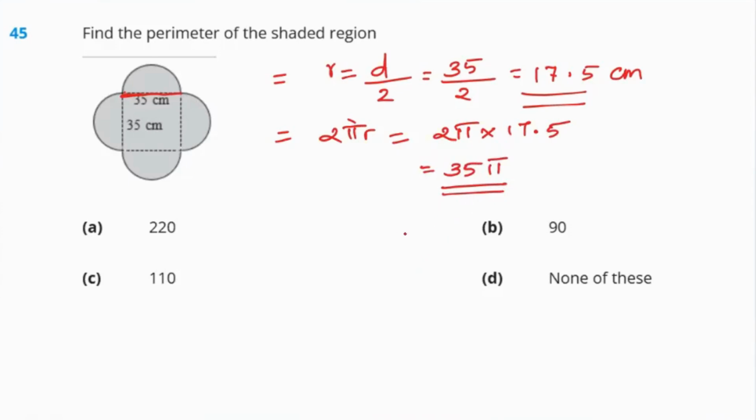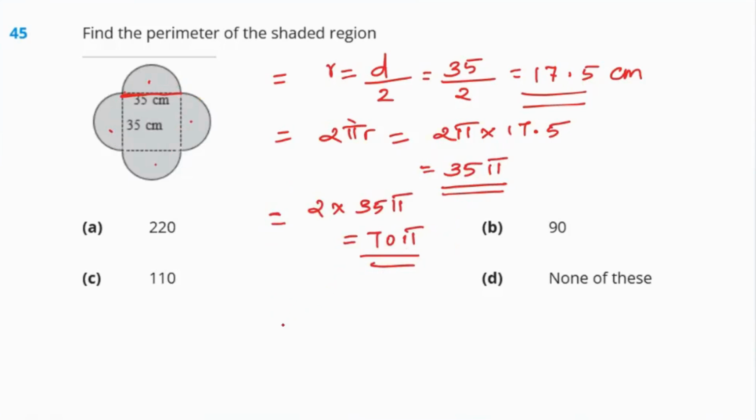Here you can see four half circles are there, and we have to do this 2 times. This is one circle and this is one circle. So 2 into 35 pi, that will be 70 pi.